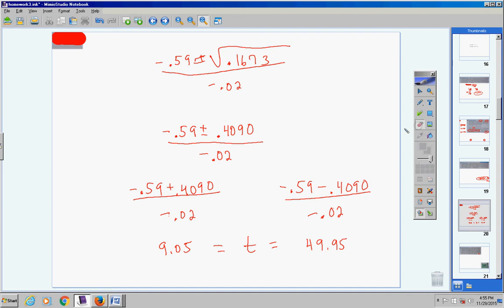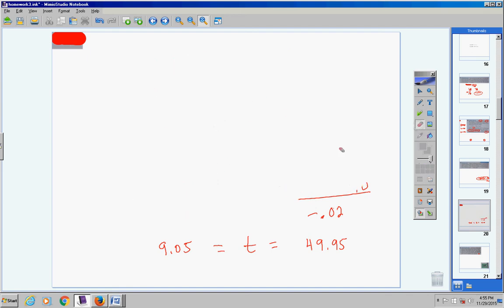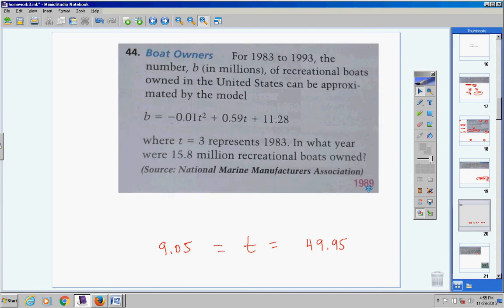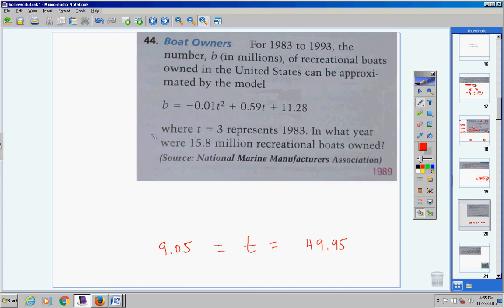Okay, now let's look at the problem and see what they're asking us to do. We're looking for the year. Now remember, 3 corresponds with 1983.